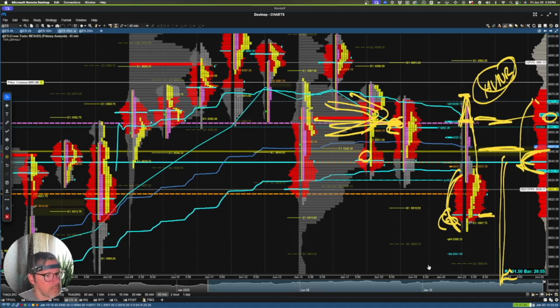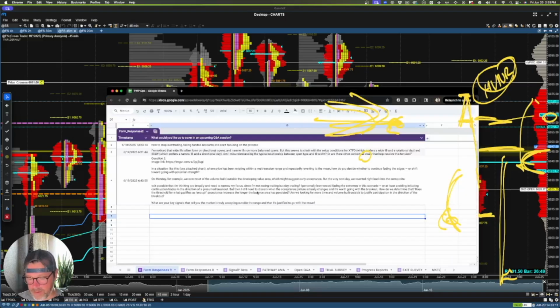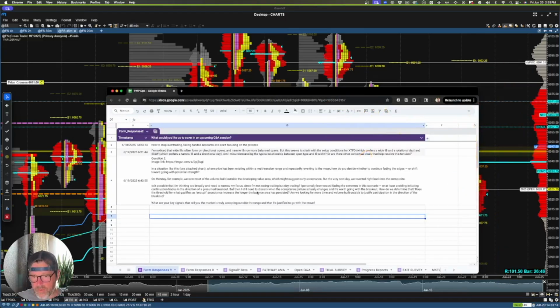Okay, good question. Great. Let me get over to some of the questions that were submitted here. Rock Rose. So I think this is a great question: how to stop overtrading, which has been failing funded accounts, and start focusing on the process.